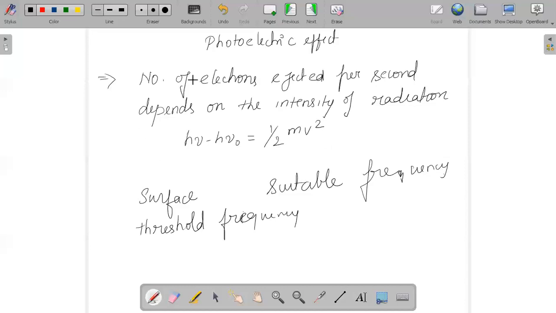And the second criterion you should focus on is that the number of electrons ejected per second will always depend on the intensity of radiation. Hence you say h nu minus h nu naught will be equal to half m v square.